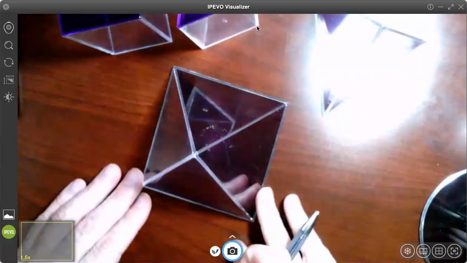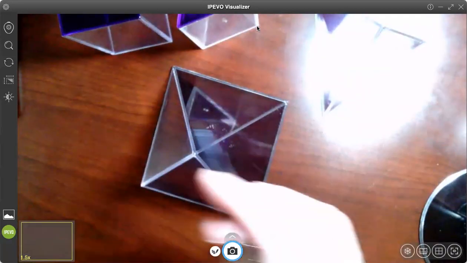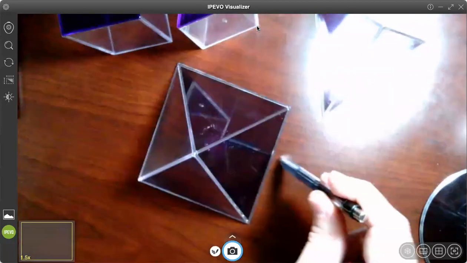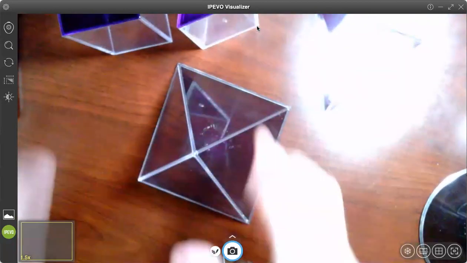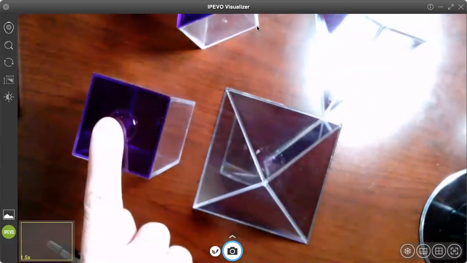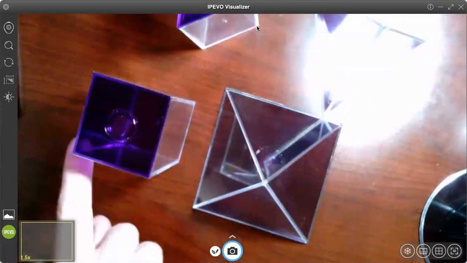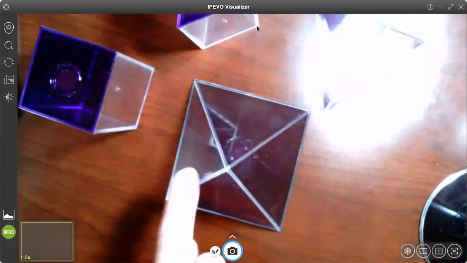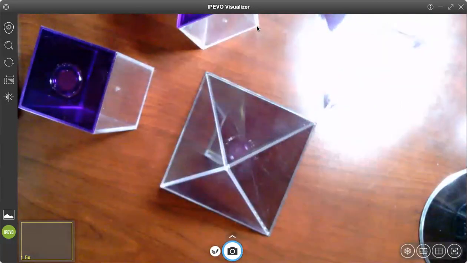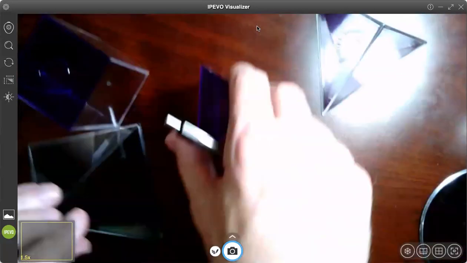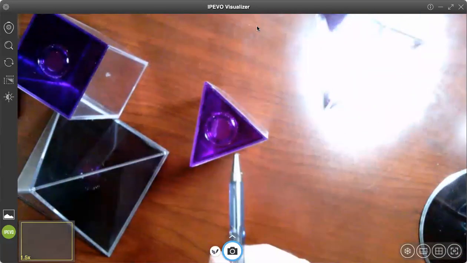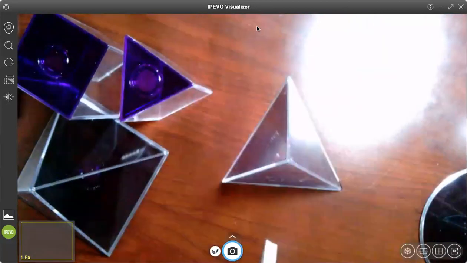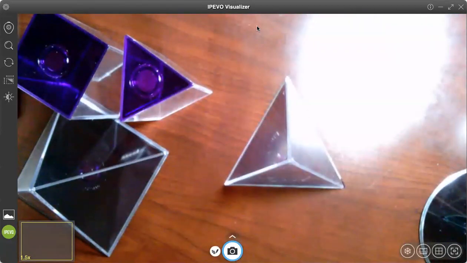And this rectangular pyramid has 8 edges. All rectangular prisms will have 4, 8, 12 edges. All rectangular pyramids will have 4, 8 edges. All triangular prisms have 3, 6, 9 edges. And all triangular pyramids will have 3, 6 edges.